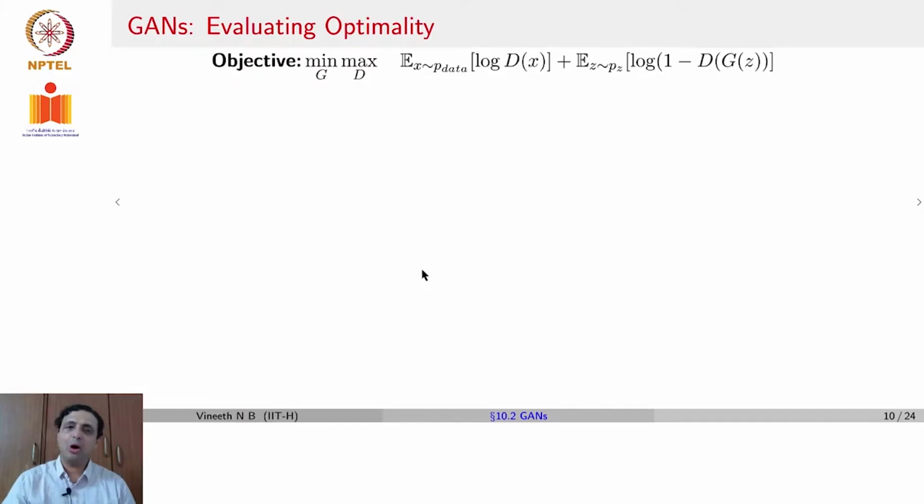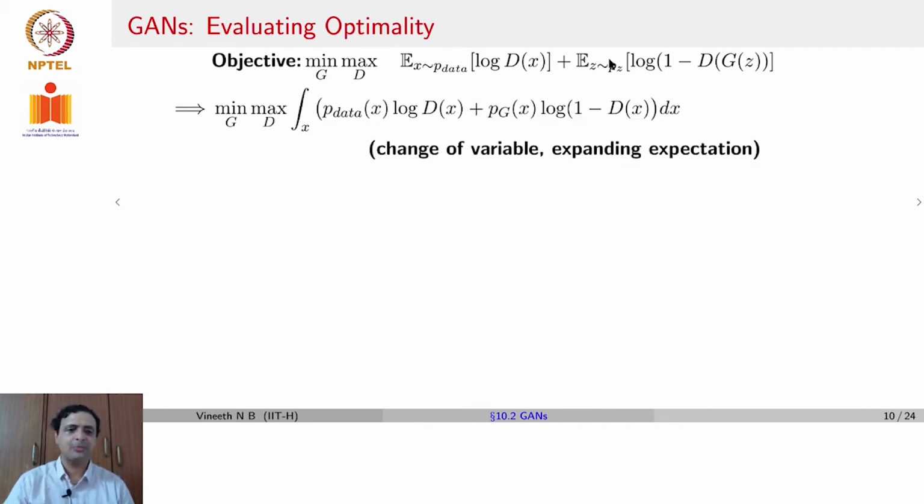So to evaluate optimality for training such a network, let's reconsider the objective again. Min over G, max over D, expectation for data coming from the training distribution, log D of x, plus expectation over the generated samples, log of 1 minus D(G(z)), where z comes from your Gaussian prior, for instance.